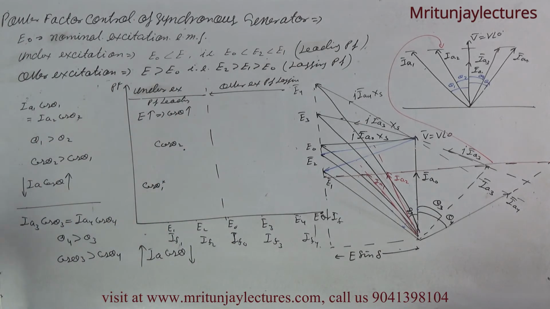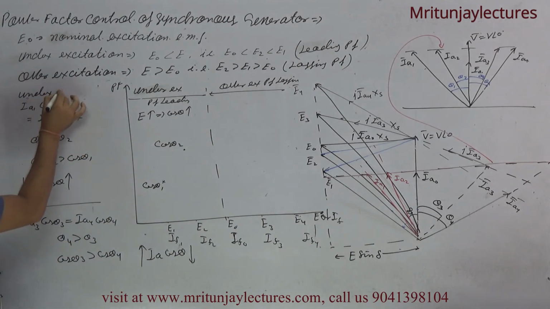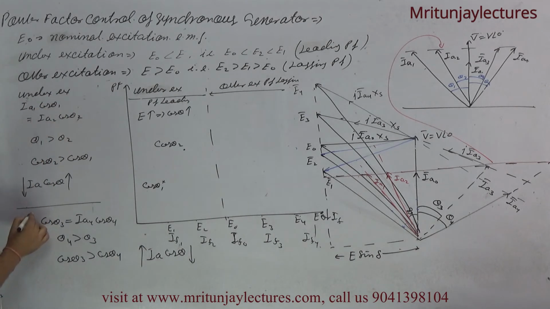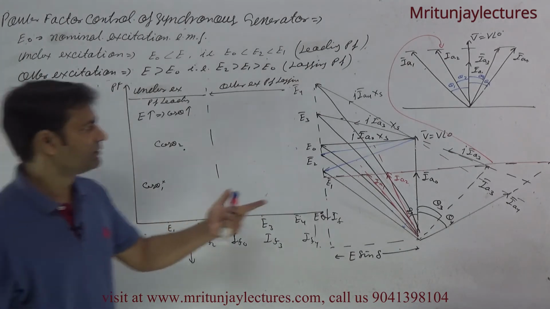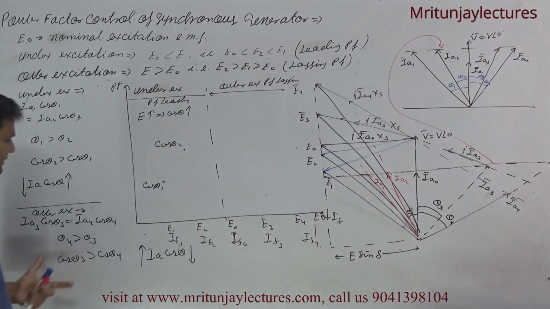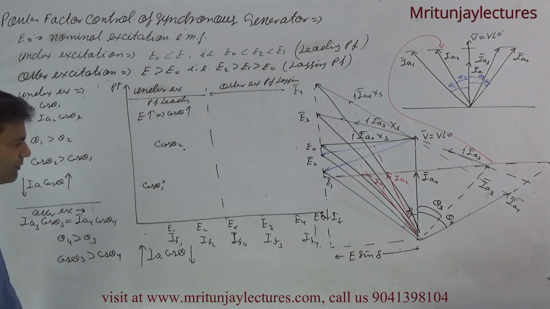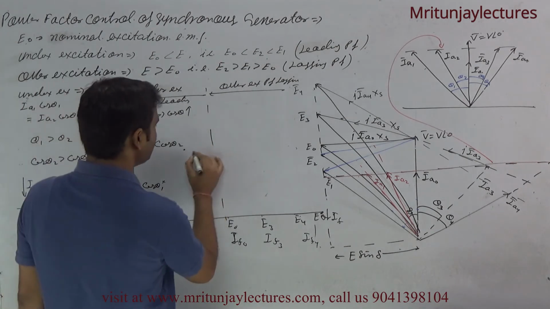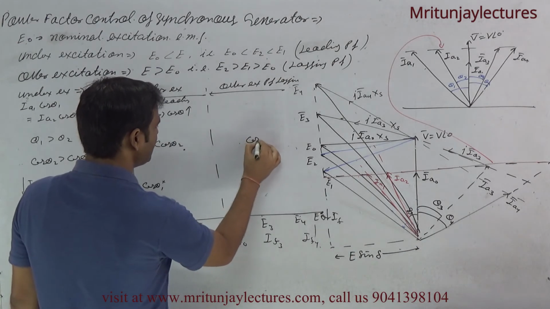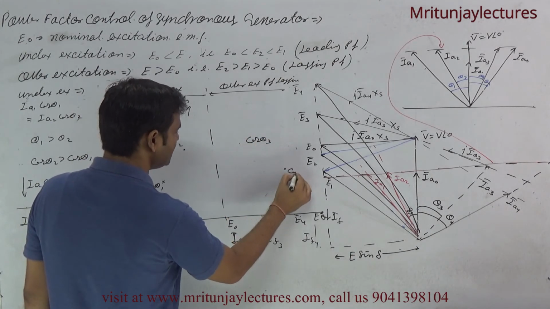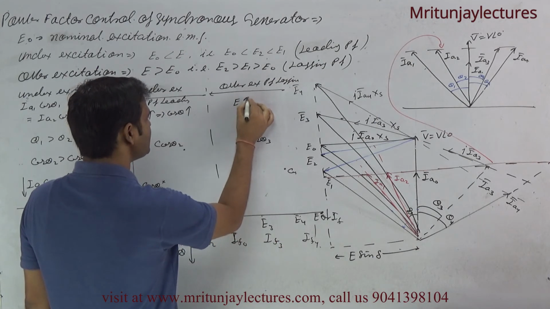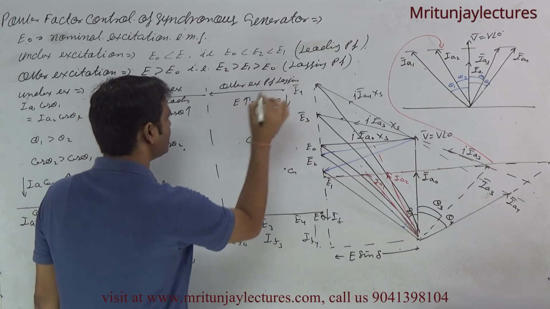Now in this region, over excitation, this was the under excitation region, and this one is over. In case of under and in case of over excitation, like this one represented here already, angle increases, so what about power factor? It is poor. So corresponding to this one, suppose that cos theta 3 and this one is cos theta 4, means if E increases, then power factor is poor.